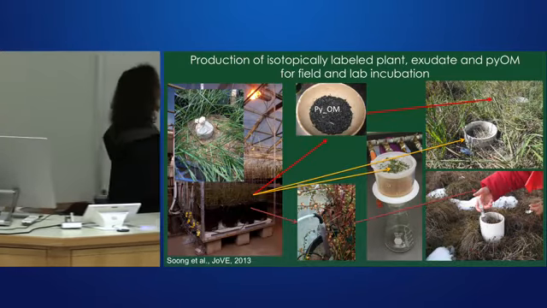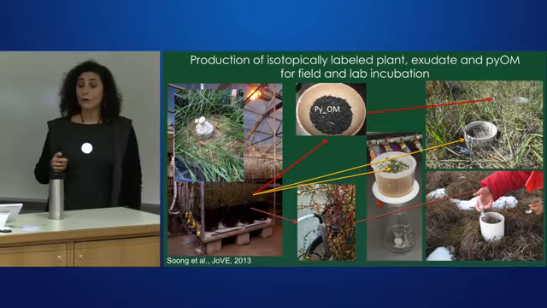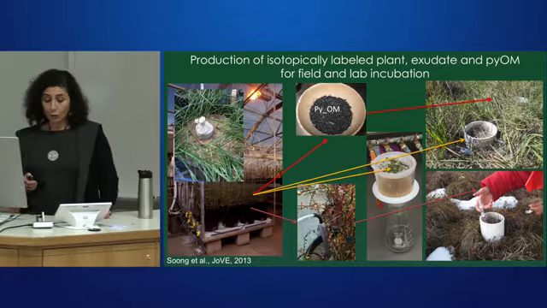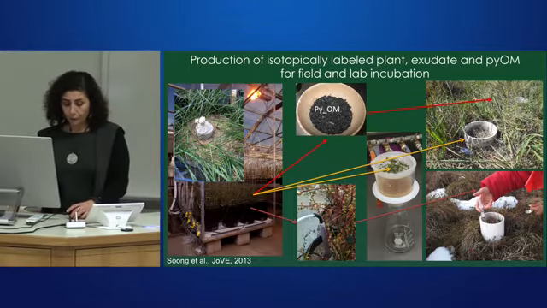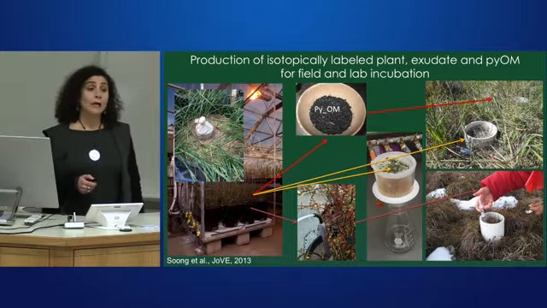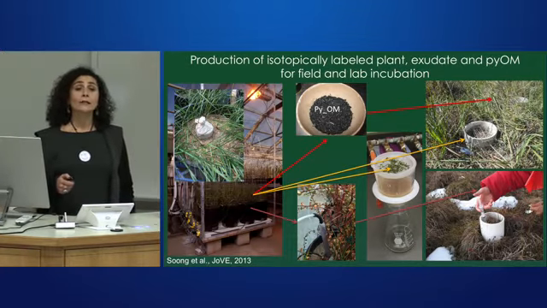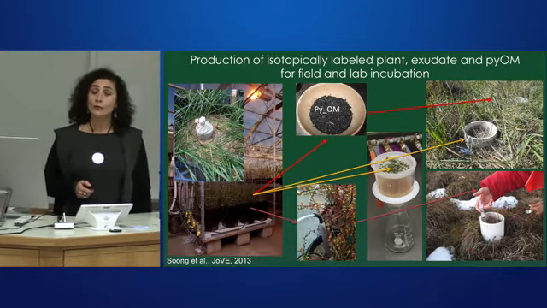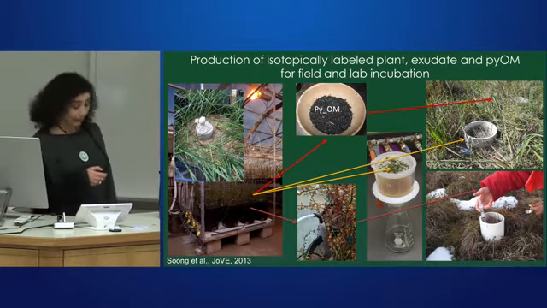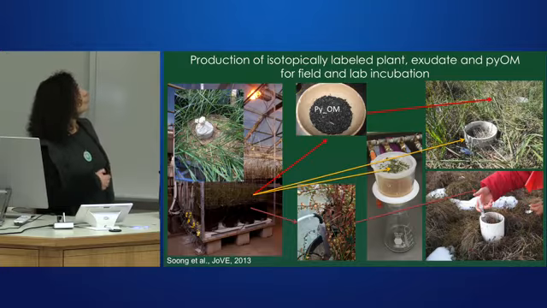What I did as soon as I arrived at CSU was, in my first proposal, ask for money to build a labeling chamber, and I realized only now how fortunate I had been to have my first proposal funded by NSF, which gave me the money to actually build it.